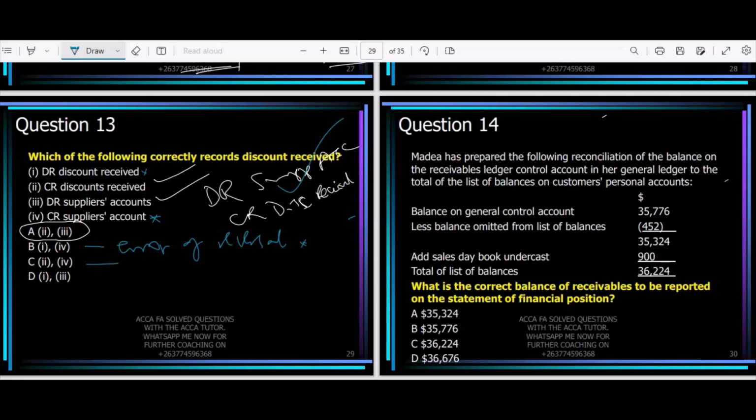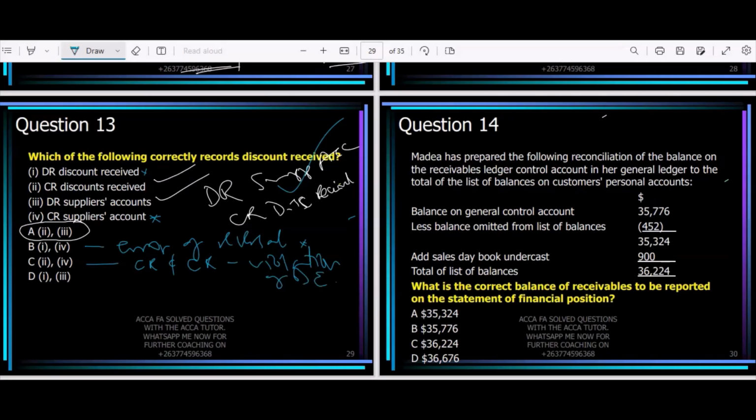Then option C is saying 2 and 4. 2 is saying credit discount received, and 4 is saying credit supplier account. This is a straight violation of the double entry system. Why are we saying it's a violation?